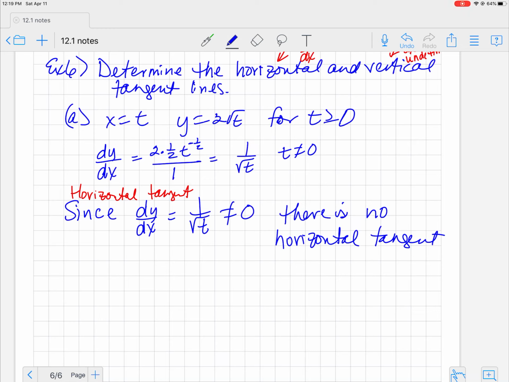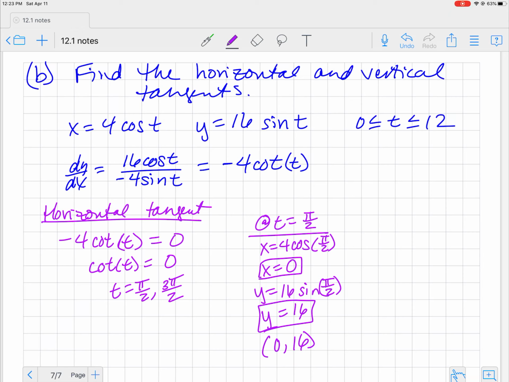Y is equal to 16 sine of pi over 2. The sine of pi over 2 is 1, so y is 16. I have the point 0, 16. All right, so I have a horizontal tangent at the point 0, 16.